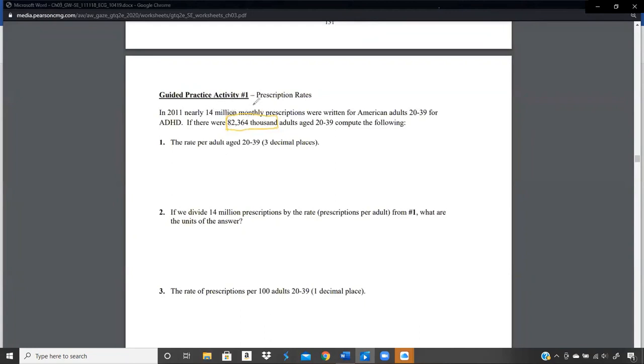So let's just turn these numbers into what they would be without the words millions and thousands. So 14 million would be a 14 with 6 zeros. That's 14 million. 82,364,000, the word thousand says to add 3 more zeros. So really that number is 82,364,000. So yeah, you can say 82,364,000.